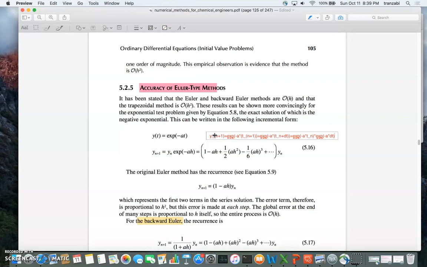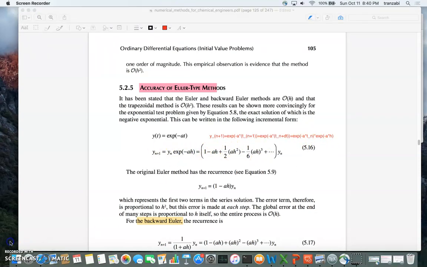All right, and we know that dt, according to the textbook notation, is going to be h, so I'm going to write it as h. And let's compare this last equation that I have here with this one.